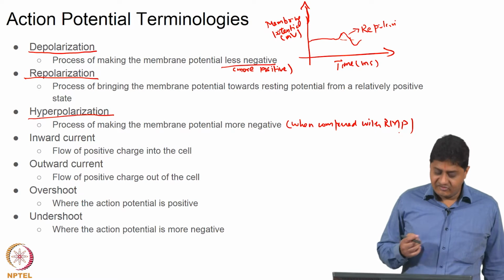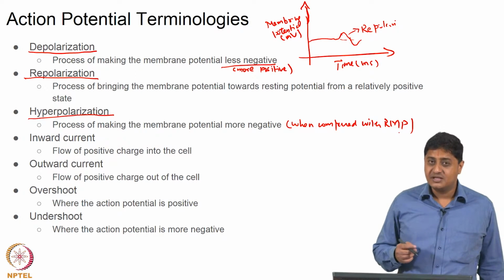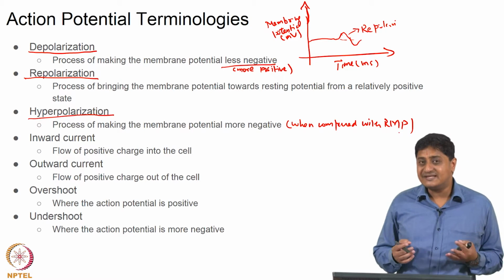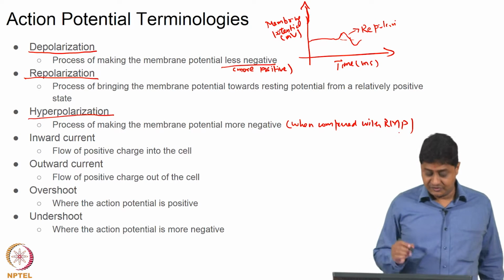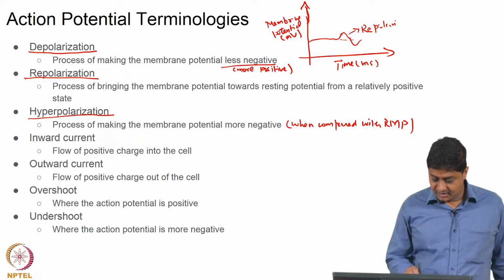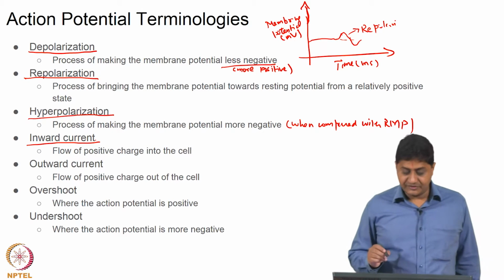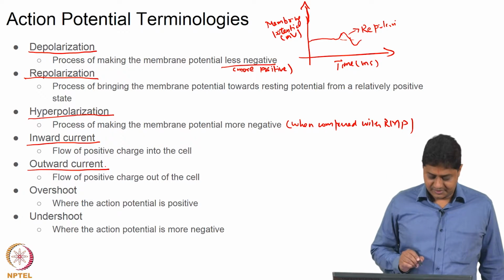If a lot of positive charge flows into the cell, then what happens? Then the membrane potential becomes less negative or more positive. So, flow of positive charge into the cell is called inward current, and flow of positive charge out of the cell is called outward current.